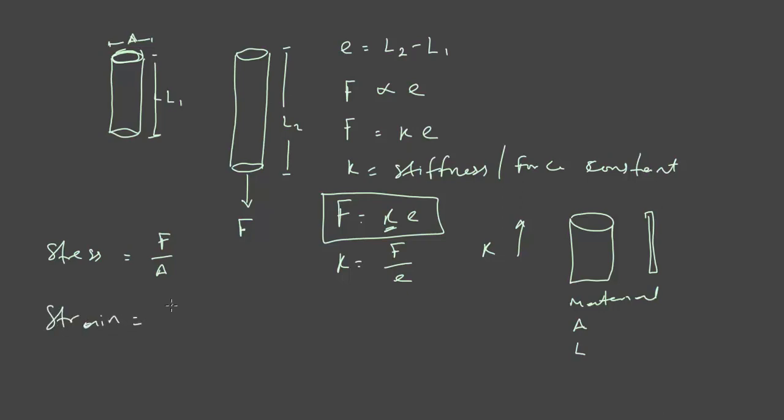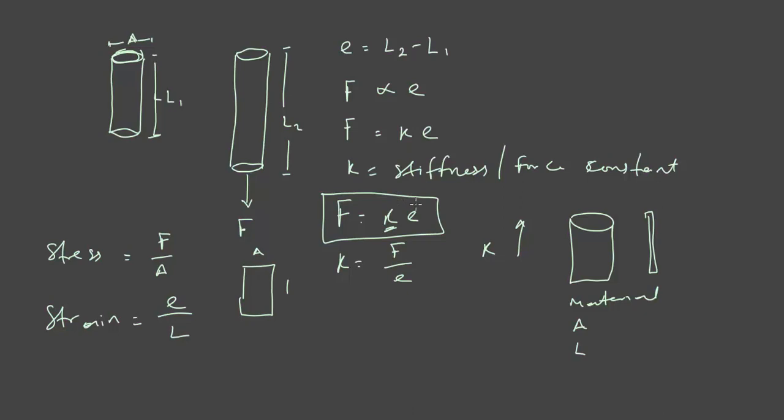Strain is the extension per length. So you can imagine a case where the original length is 1 and the original cross-sectional area is 1. If you have this kind of scenario, the relation between stress and strain will be similar to applying Hooke's law.